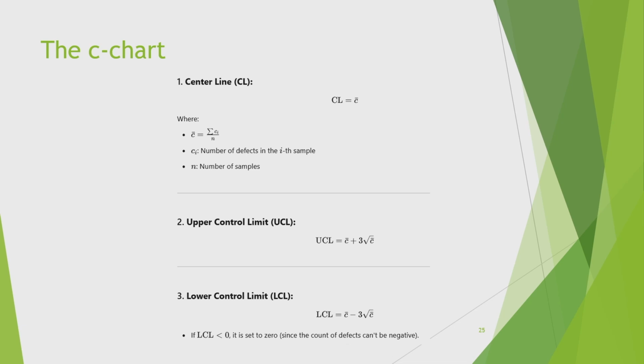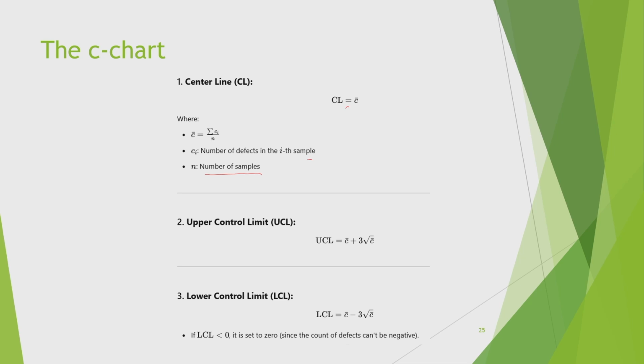Similarly, you can have a C chart. A C chart means number of defects. Suppose you are purchasing cloth, so in 1 square meter area, how many defects are there? Here CL is equal to C bar, where C bar is the sum of Ci divided by N, Ci is the number of defects in the ith sample, and N is the number of samples you took.